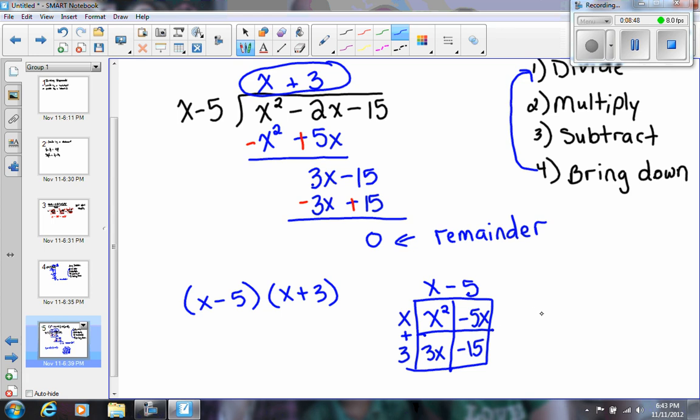And when I combine the like terms, I get x squared minus 2x minus 15. Looking at our original problem, we had x squared minus 2x minus 15 as our dividend, and that's what we got here as our answer. So we can check our answer. We know we're right.